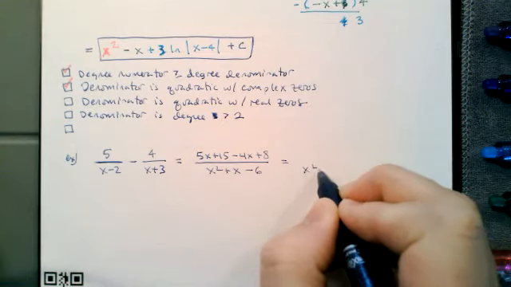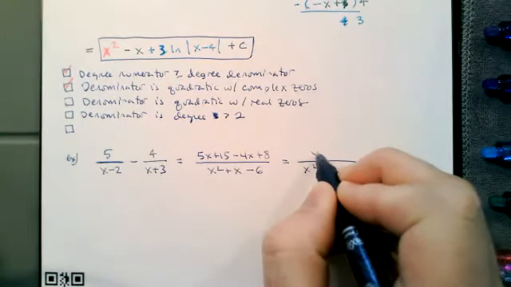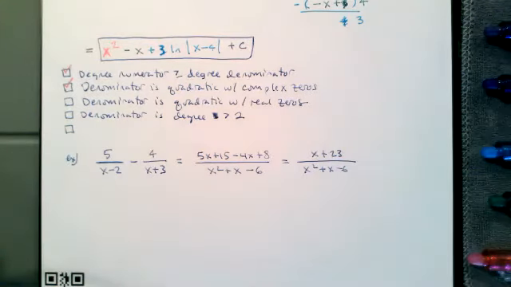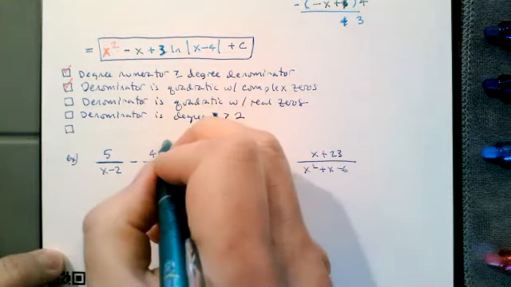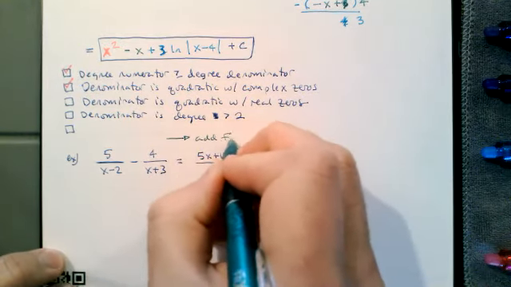So 5x minus 4x is x, and then 15 and 8 is 23. So here we are just adding some fractions. All I asked you to do was add fractions. That's what we're doing going this direction. Just add fractions.